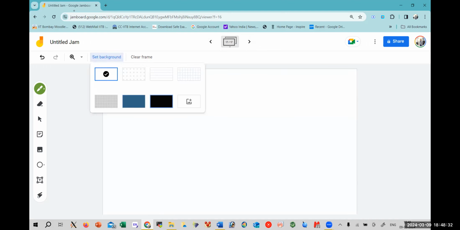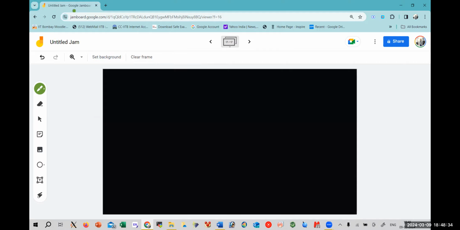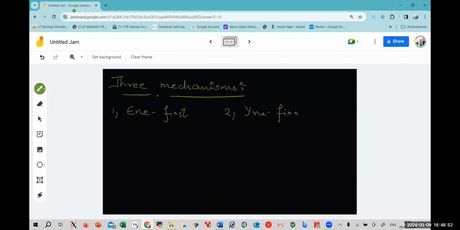So as we were already telling, there are three particular mechanisms that we generally consider for this ene-yne metathesis. One is the ene first, that means the reactivity of your alkene with the catalyst. Second is the yne first, where your metal carbene is reacting with your alkyne substrate and then the alkene substrate.